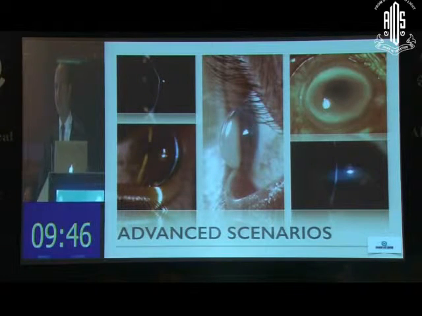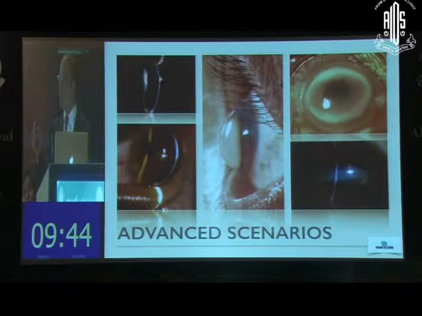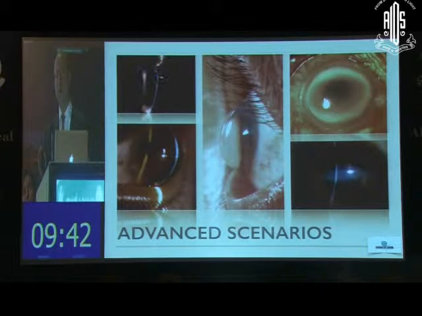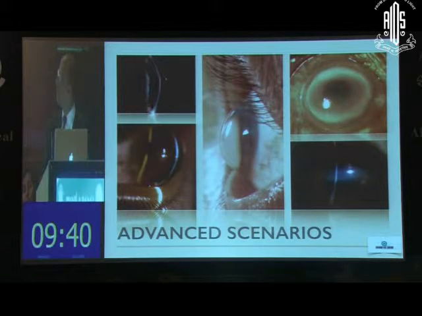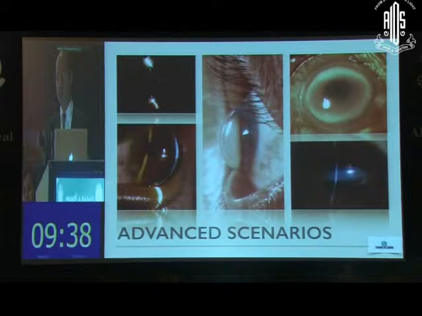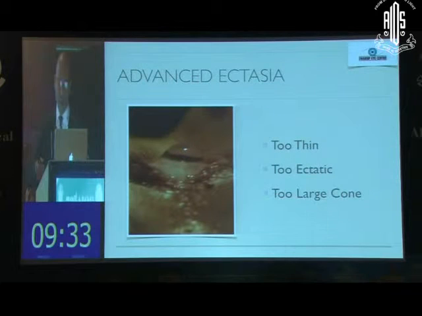So deep scars again are a challenge for deep lamellar keratoplasty because you can't really get a big bubble safely there. You can end up rupturing the Descemet's membrane if the scar is involving the Descemet's membrane, or even a post-hydrops case. So advanced ectasia means it's either too thin or too ectatic or too large area of ectasia.